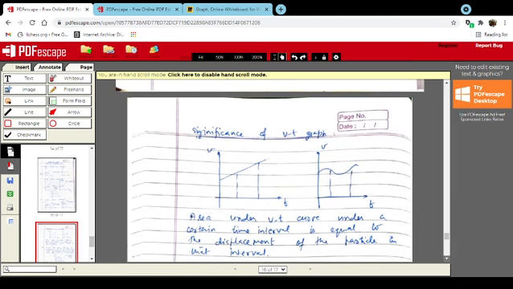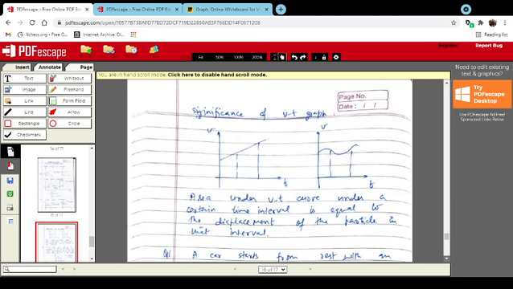Now, the significance of the VT graph. The velocity time graph is pretty important. As we saw in the previous case, if we take the slope of the velocity time graph, we are able to judge what the acceleration is.